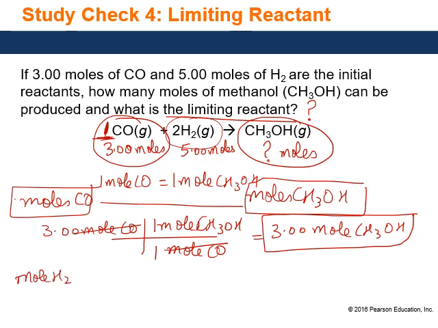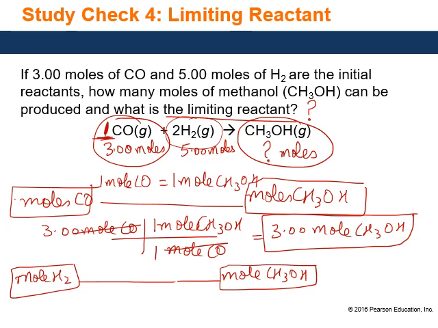Moles of hydrogen is given. Question is asking to find moles of CH3OH. My conversion factor is in the relationship right here. 2 moles of hydrogen, 1 mole of CH3OH. So I'll start with this, which is 5.00 moles of this, multiply it with a factor, mole of hydrogen goes in the bottom.